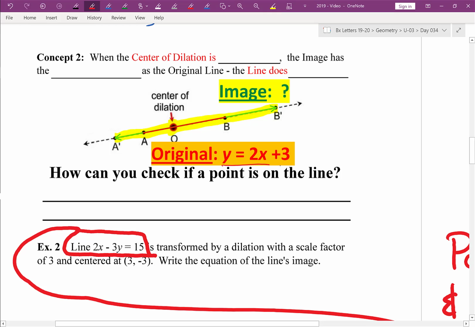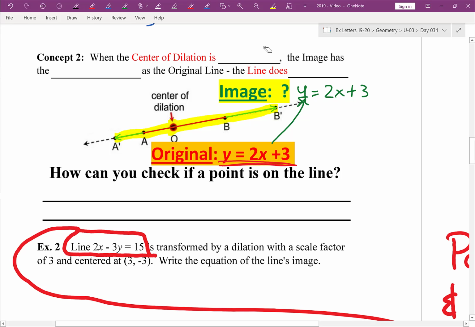If I told you the equation of the original line is y equals 2x plus 3, then the image would literally be the same: y equals 2x plus 3. And that's the rule.